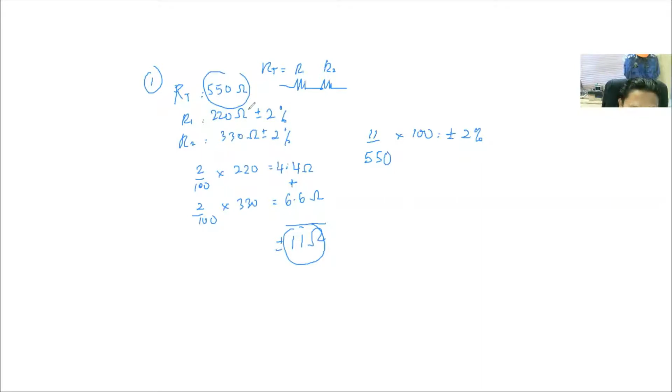Question number three: the current through the resistor is 1.5 amps, but the measurement yields a value of 1.46 amps. Compute first the absolute error, second the percentage error, third the relative accuracy, and fourth the percentage of accuracy for the result.